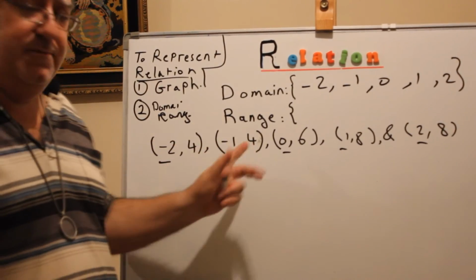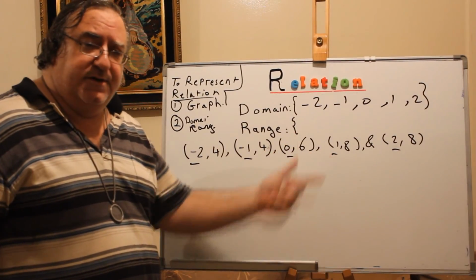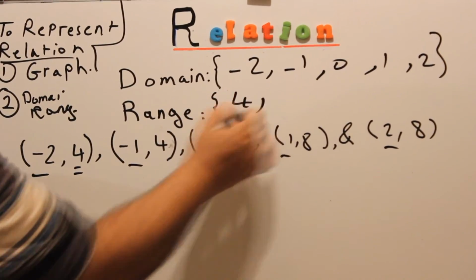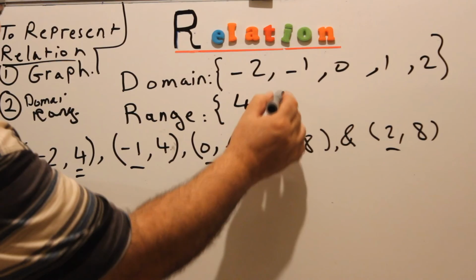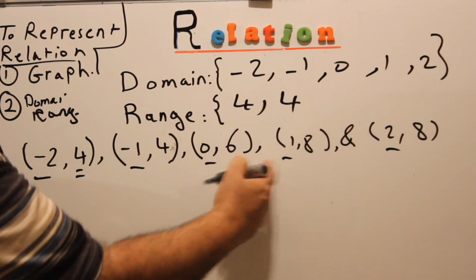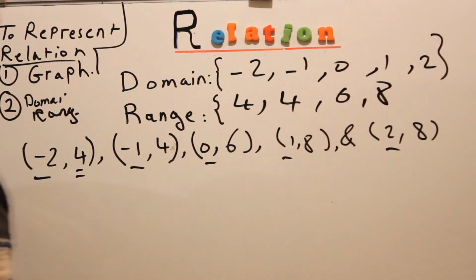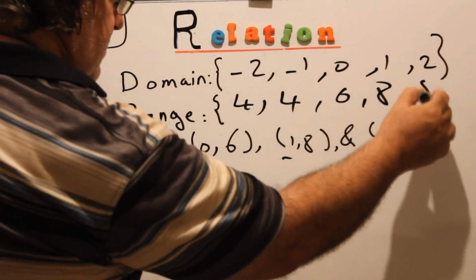Now, the second numbers of these ordered pairs, we call the range. So the y values are 4, then another 4, then 6, then 8, then 8.